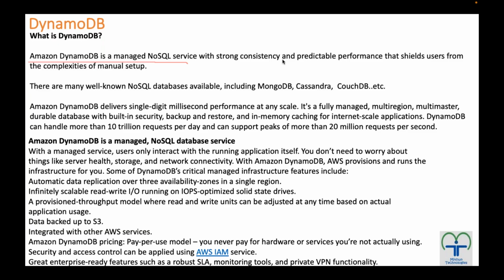But we also have NoSQL databases, like document-oriented databases. There are many well-known NoSQL databases, like MongoDB, Cassandra, and Couchbase. These are the software we can use to set up NoSQL databases.